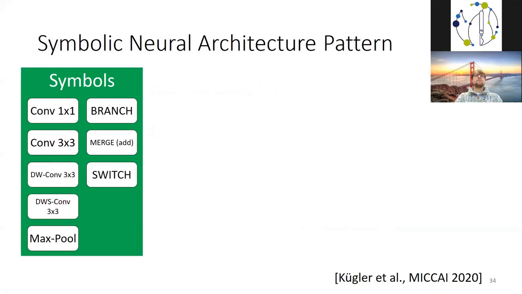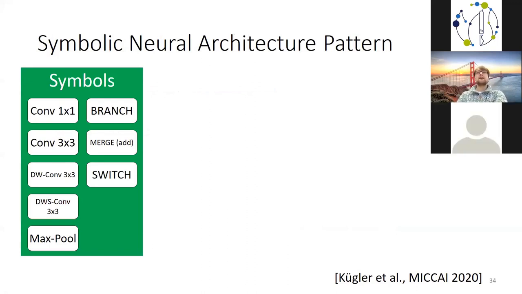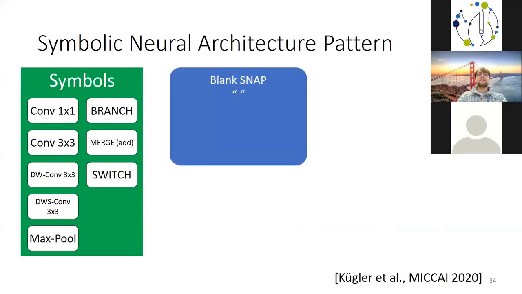And how do we represent architectures? We start with a symbolic dictionary. Each of these symbols is like a language for describing neural architectures. We use multiple symbols, and these symbols then describe the architecture. Just some examples of how this would work out.